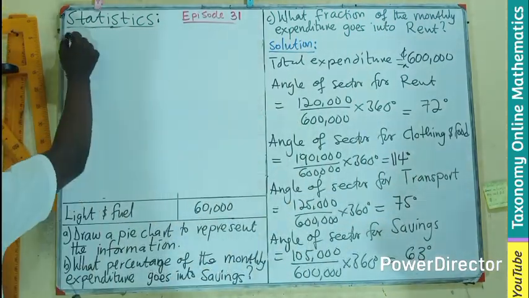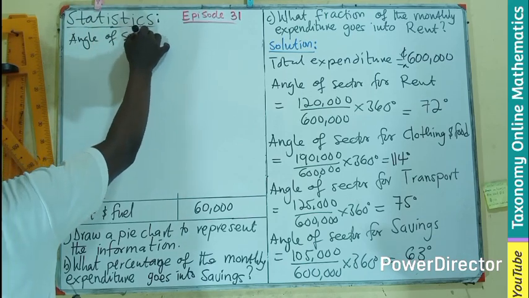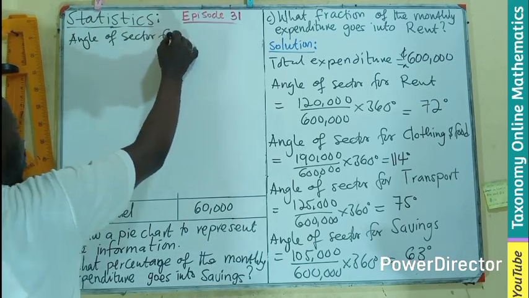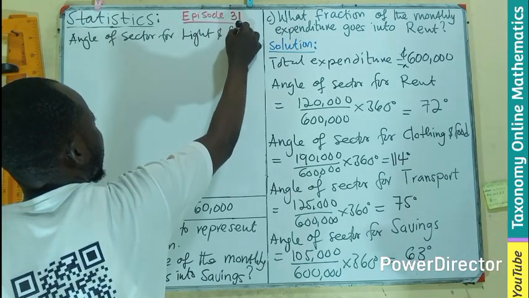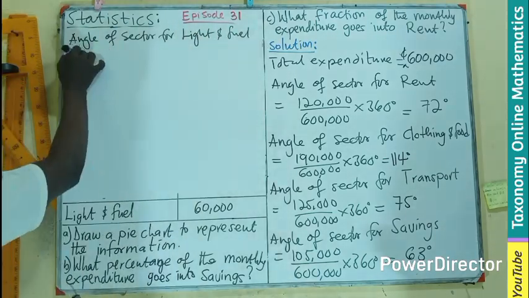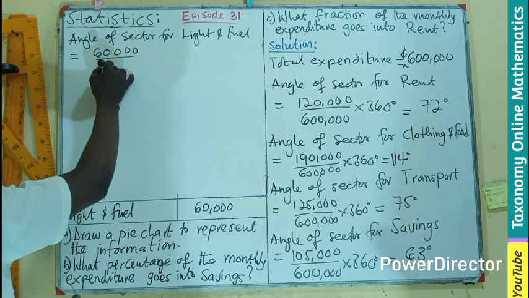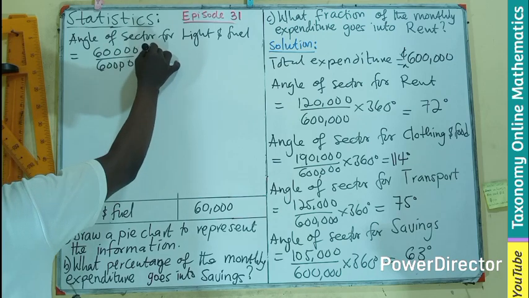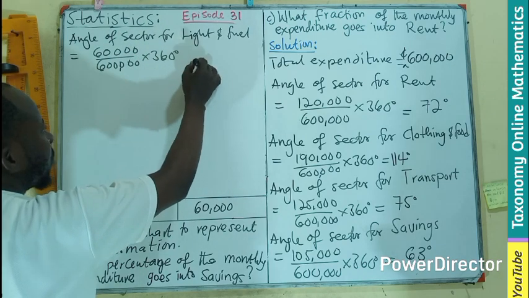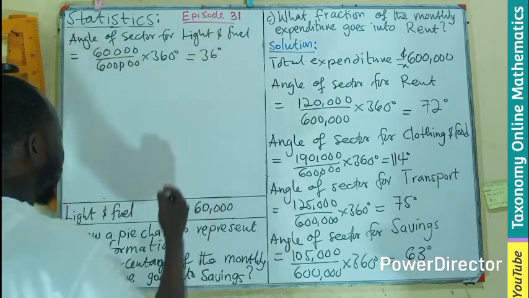Then the angle of sector for the next one, which is light and fuel. That will also mean the item is 60,000 divided by 600,000 times 360, and that will be 36 degrees.